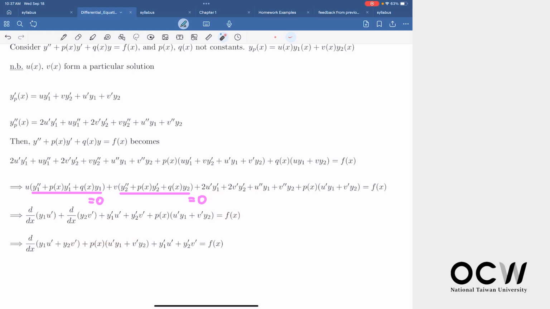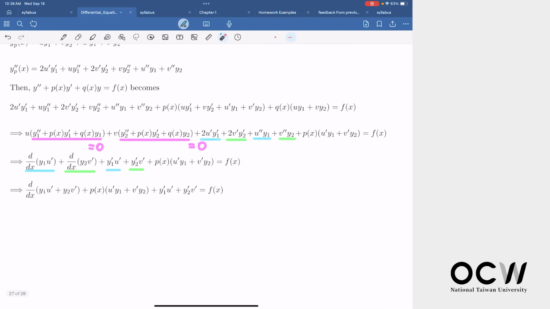So maybe I can use this term plus this one, here and here. And how about the green one? All right. So I combine these two, p and the rest here.